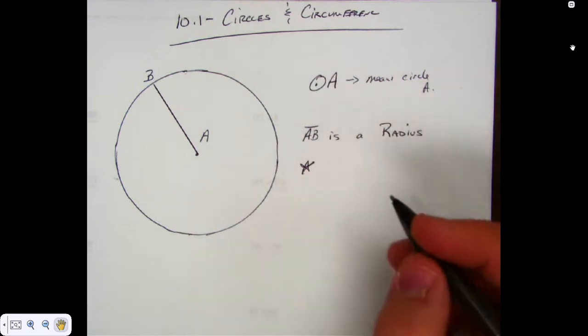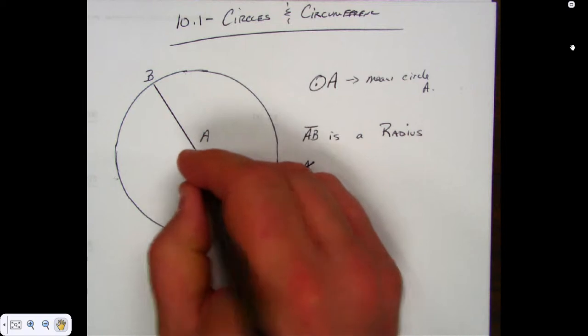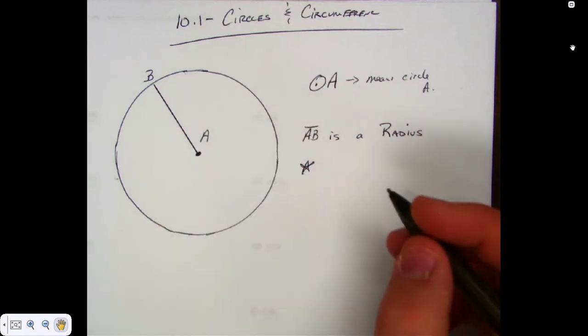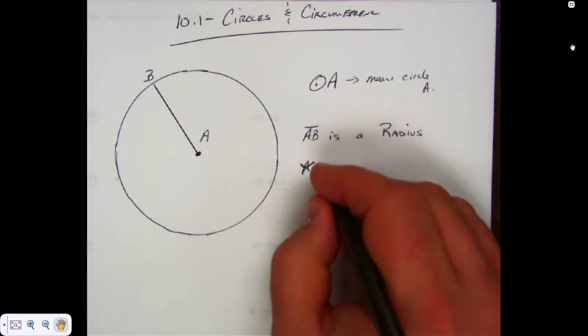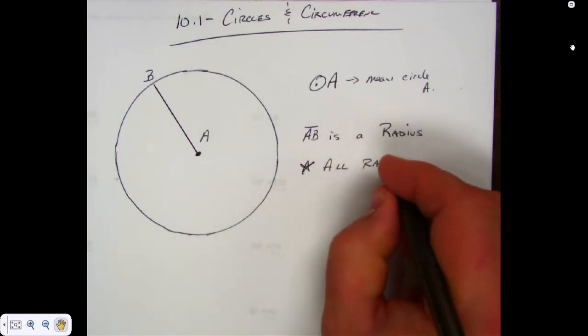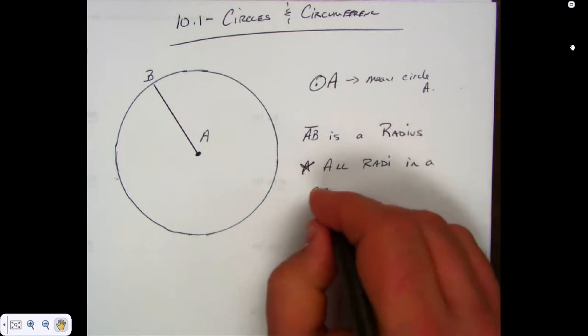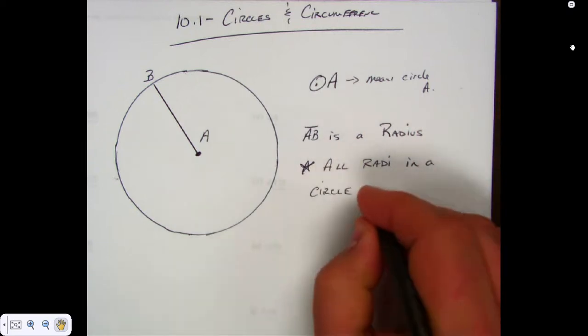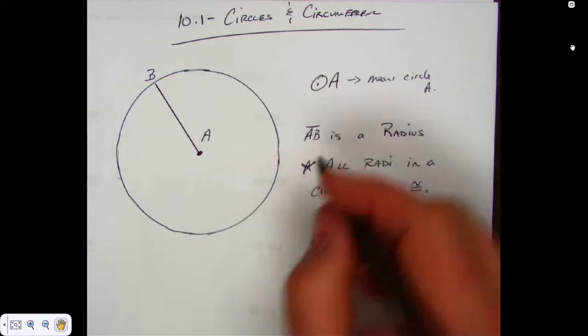An important yet sometimes overlooked fact: all radii in a circle are, what's that mean again? Congruent.